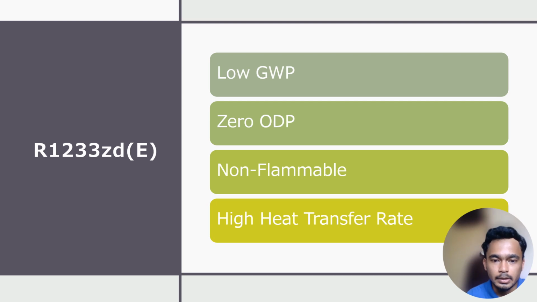It is also non-flammable, which is good for the safety of the operators who are operating the chiller. And the most important feature of this refrigerant is the high heat transfer rate.